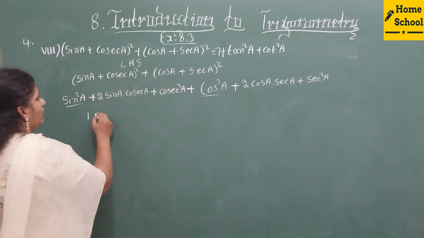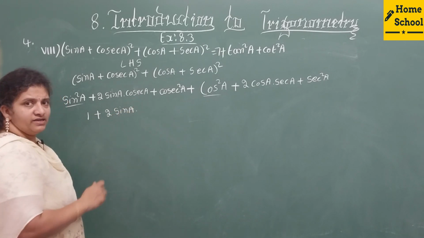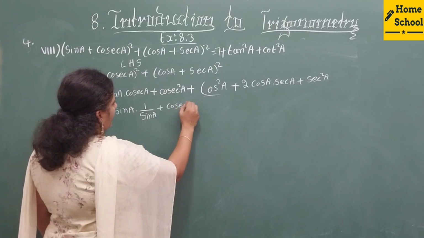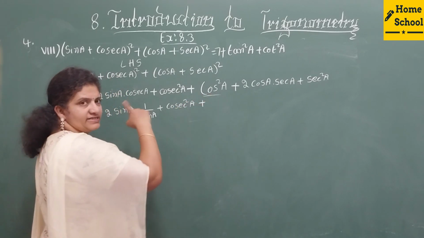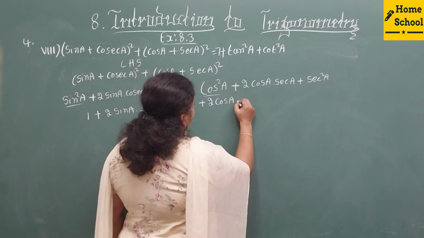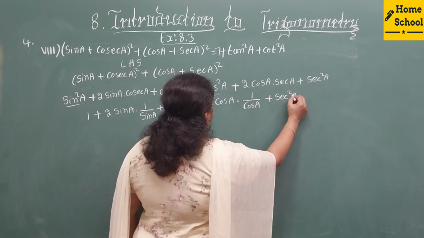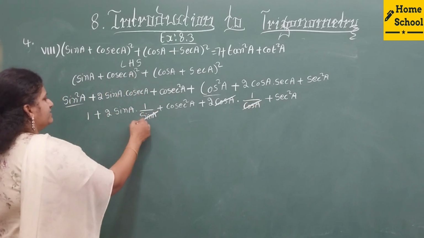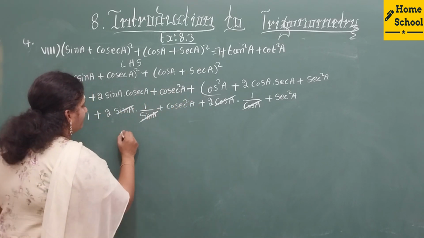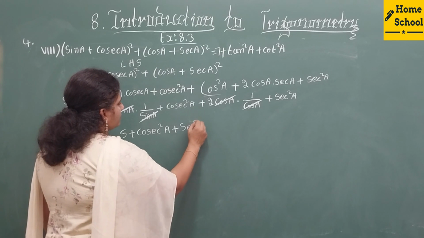Write it. 1 plus 2 sin A into cosecant A, which is 1 by sin A, plus cosecant square A, plus 2 cos A into secant A, which is 1 by cos A, plus secant square A. Cos A cancels, sin A cancels. 1 plus 2 is 3, 3 plus 2 is 5. 5 plus cosecant square A plus secant square A.